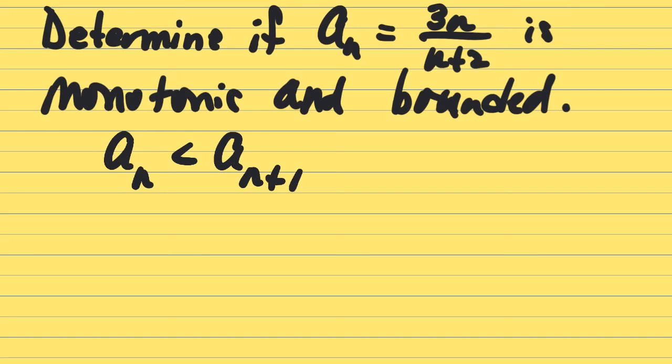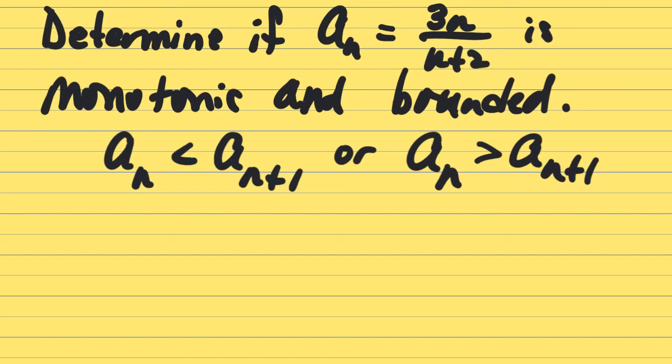Okay. Basically, you want to know if this thing increases or decreases. So it's going to be one of these two cases if the sequence is monotonic. Either the next term is going to be larger than the one before it, or it will be smaller than the one before it. So I'm going to take 3n over n plus 2.